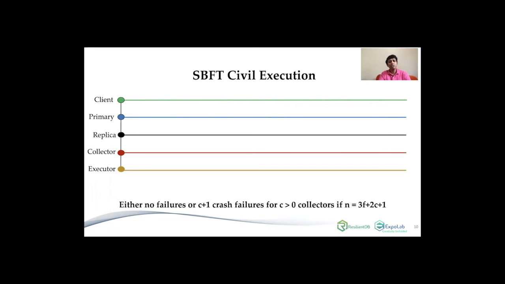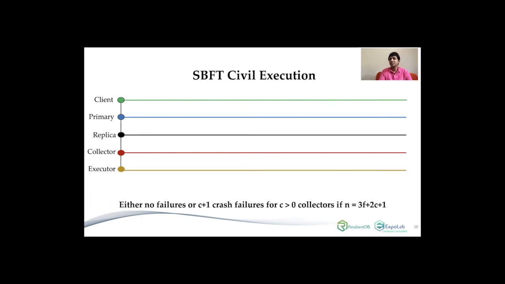Now, let us look at SBFT's normal case. As I said, in the fault-free scenario, SBFT requires that there are no failures. Or rather, the SBFT authors proposed a way where SBFT can handle c greater than 0 failures.